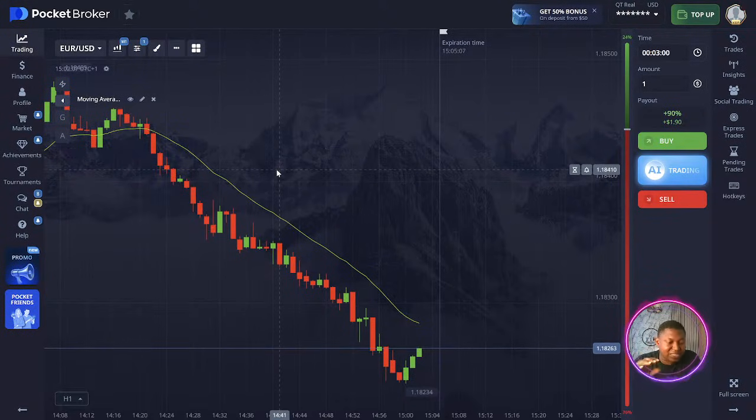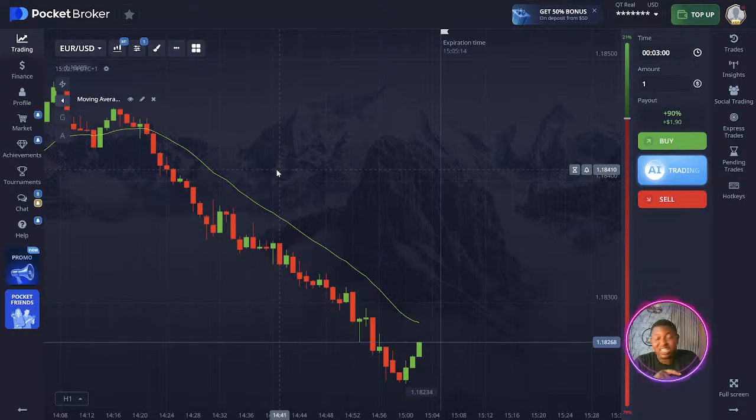As a new beginner, if you see so many lines on your screen, you will not be able to cope. You will see lines and get confused about where to start from.